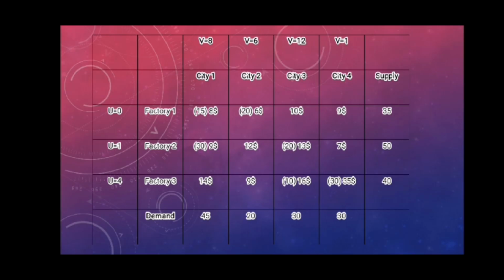For the second allocated cell, F1C2, or factory 1 and city 2, to get our V value, we add U1 to a value to get the cost of 6 from this cell. Therefore, V2 is equal to 6, since 0 plus 6 is equal to 6. The same process applies to all of the other allocated cells.